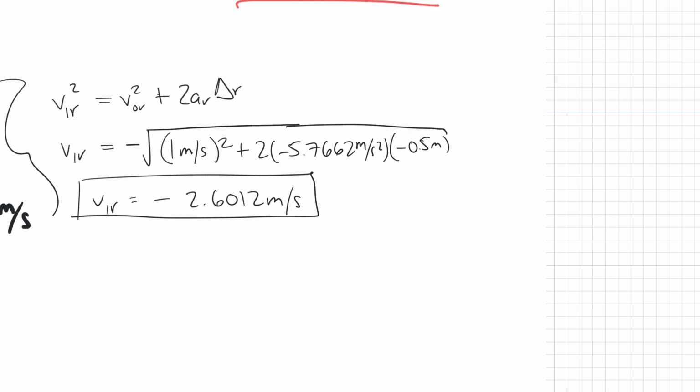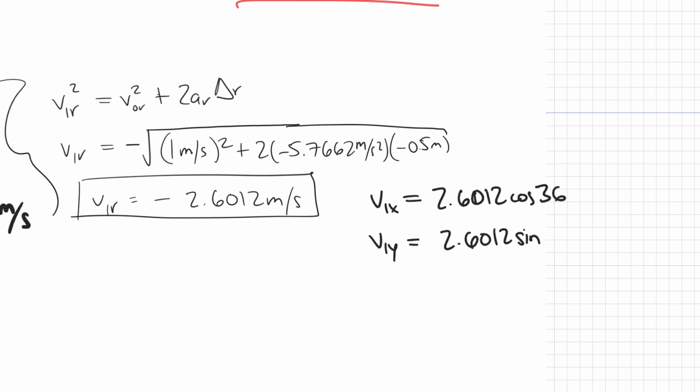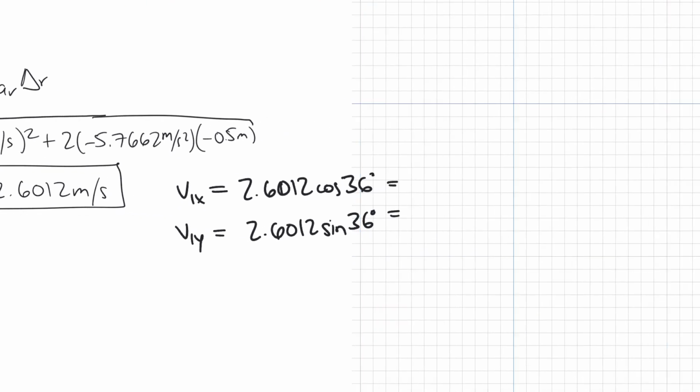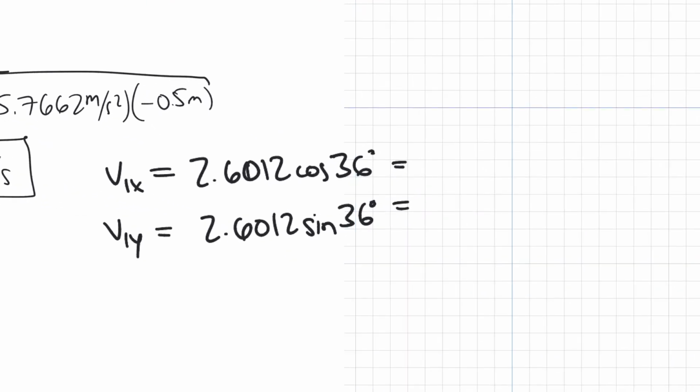Okay, so we're going to do 2.6012 cosine of that angle and 2.6012 sine of that angle. And I can just, without even thinking, do the cosine and the sine because these are the angles with respect to the horizontal. Okay, so cosine goes with x, sine goes with the y, as long as the angle is with the horizontal.